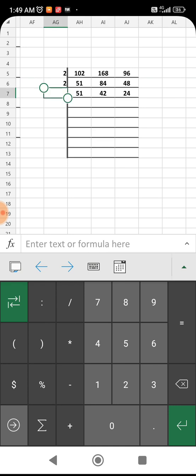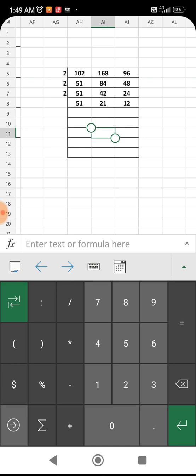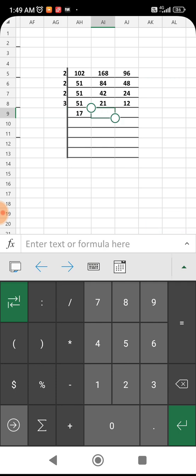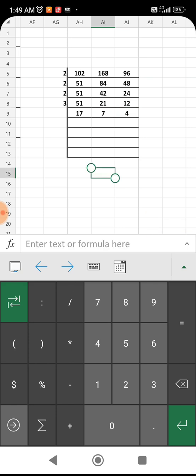We can do 2 once again. 51, this is 21, this is 12. So 2 cannot be taken anymore, we have to take 3. If we take 3, then it is 17, this is 7 and this is 4. Okay, complete.